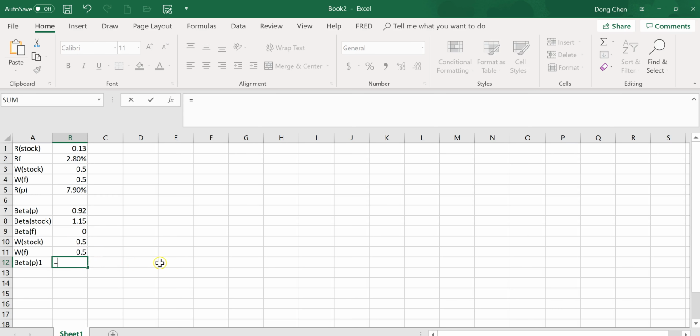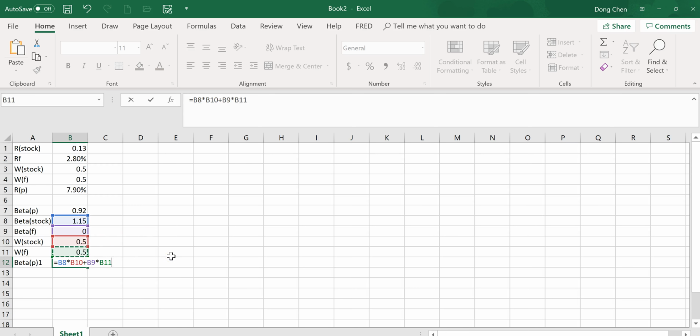And we know that given the fact that the portfolio beta is the weighted average of the individual betas within that portfolio, now we know the weight and we know the individual betas. So the portfolio beta can be calculated as the beta of the first asset, which is the beta of the stock, times the weight on the stock, which is 50% here, plus the beta of the second asset, which is the beta of the risk-free asset, that's 0, times the weight on the risk-free asset.